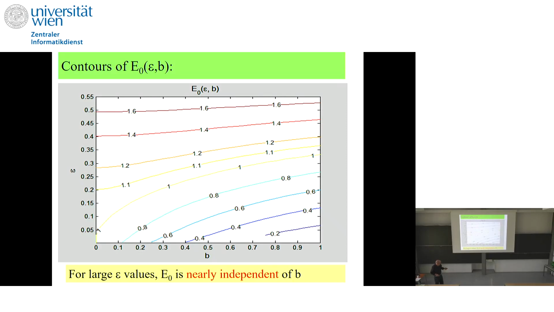If we zoom in on this, one more thing: once epsilon becomes large enough, and large enough in this case is 0.3, 0.4, 0.5, then the contours become horizontal, which means that B has very little effect on the value of E. So it has to be small epsilon and large B, if you will, for the two theories to be different from one another.